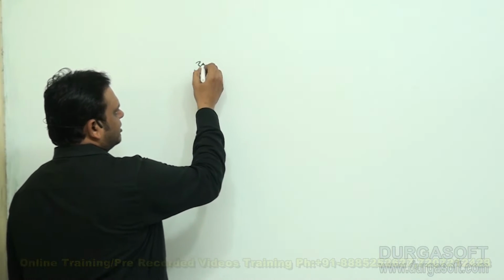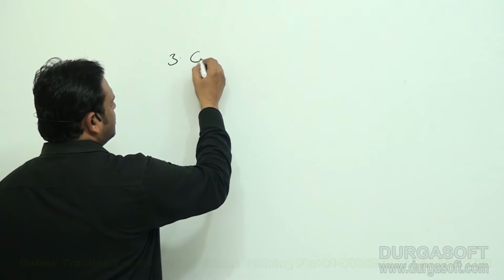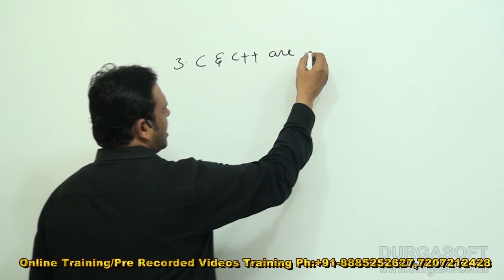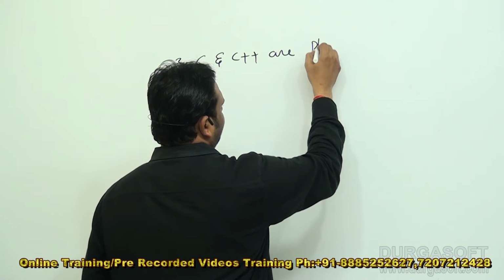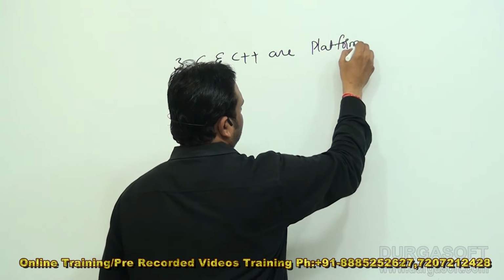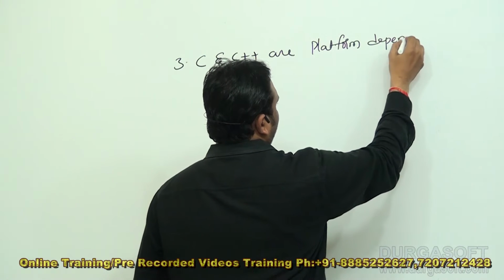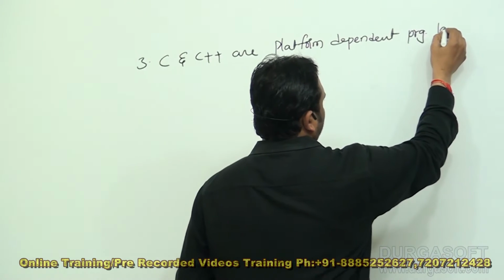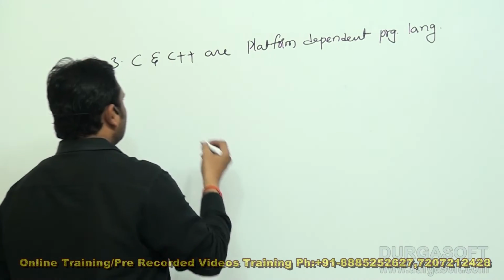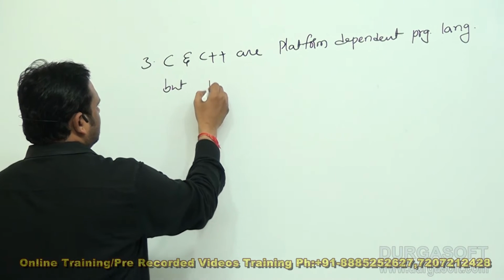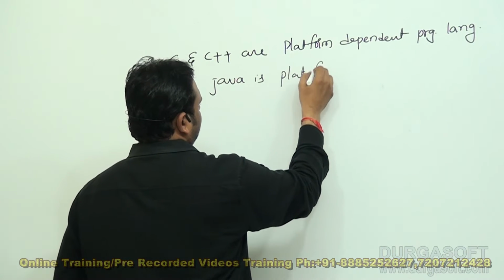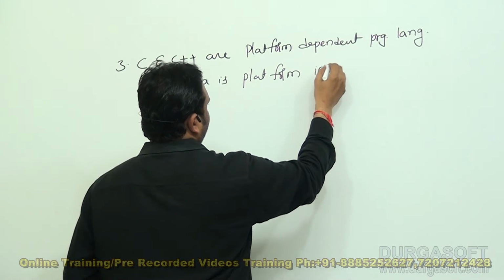Now the difference, difference number 3. C and C++ are platform dependent programming languages, but Java is a platform independent programming language.